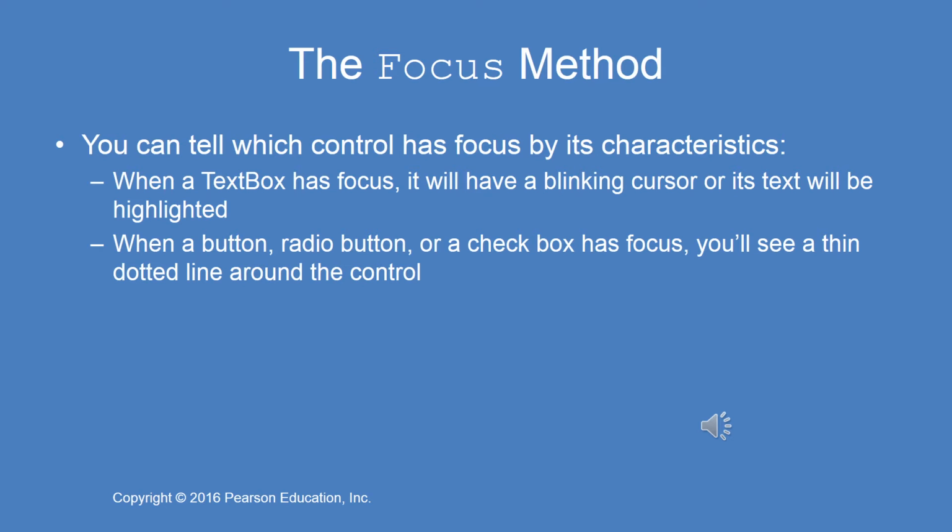When a text box has focus, you'll see a blinking cursor, or its text will be highlighted, and when a button, a radio button, or a checkbox has focus, you'll see a thin dotted line around that particular control. And remember, only one control on a form has the focus at any given point in time.